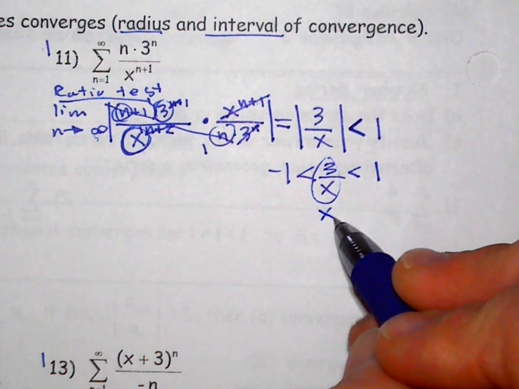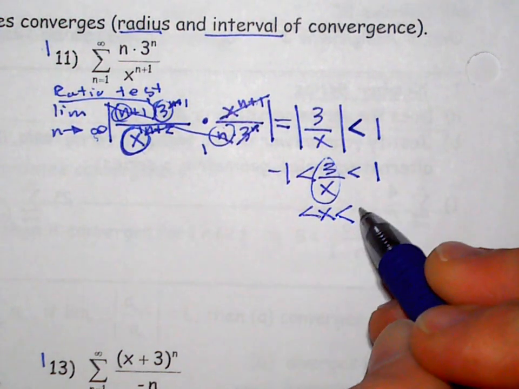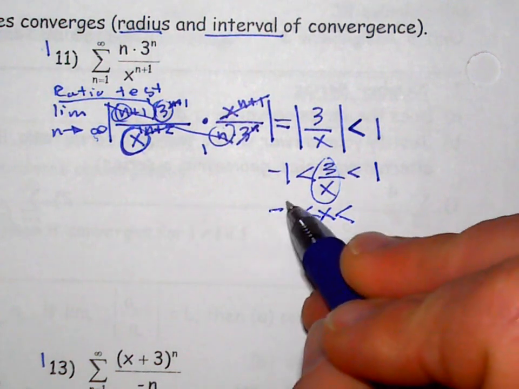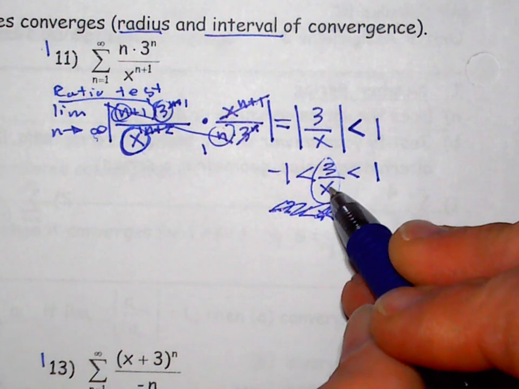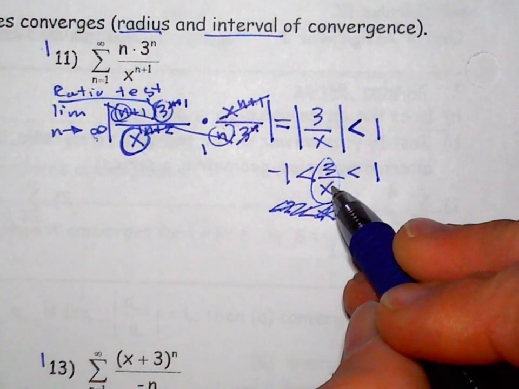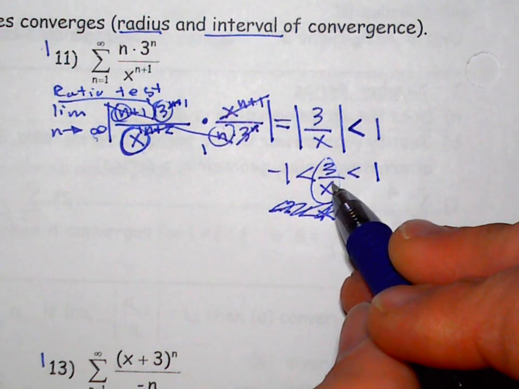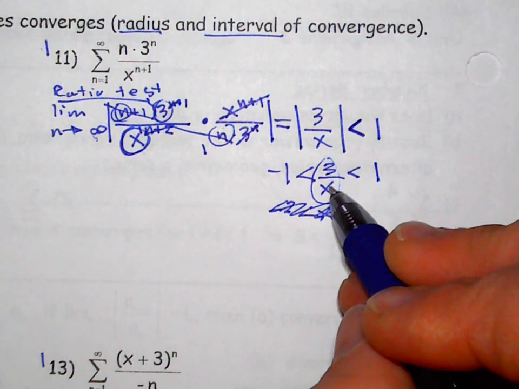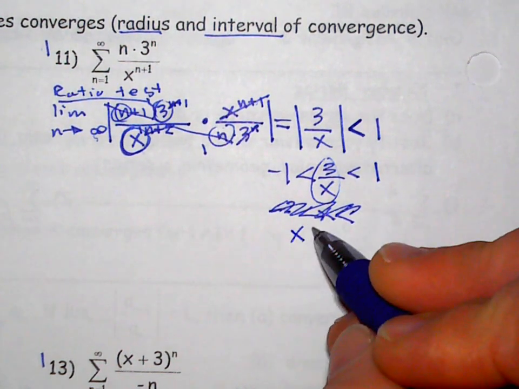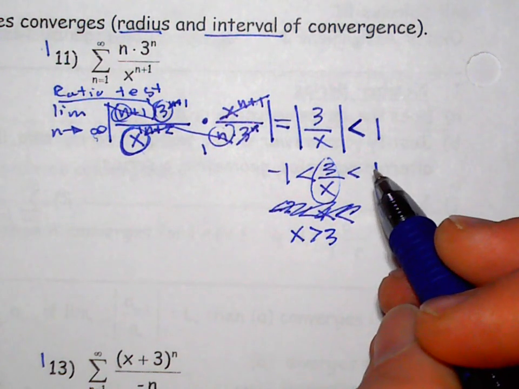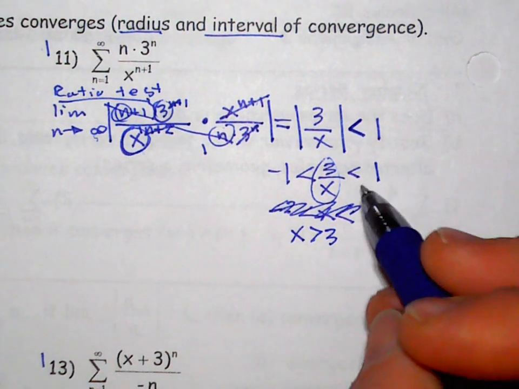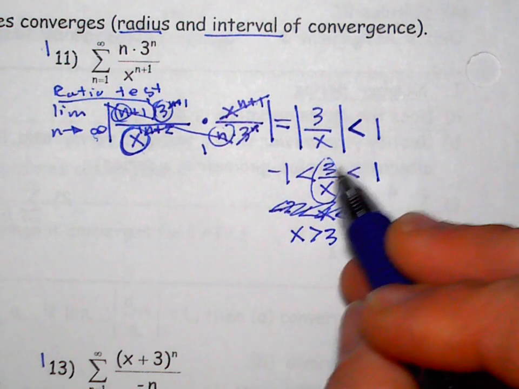And so that would be x is between, and I think it's going to be like -3. Well, let's see. You want this denominator to be more than 3. So x is going to be either greater than 3, because then those would give you fractions that are less than 1.